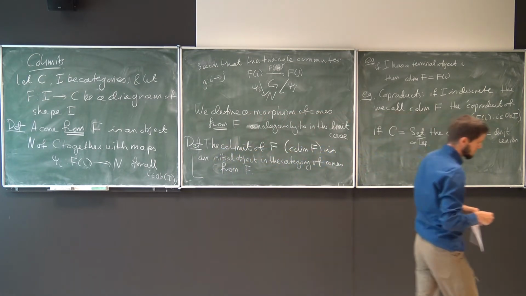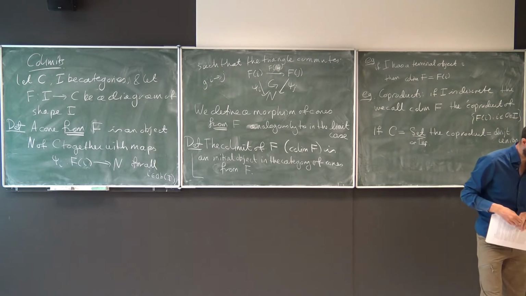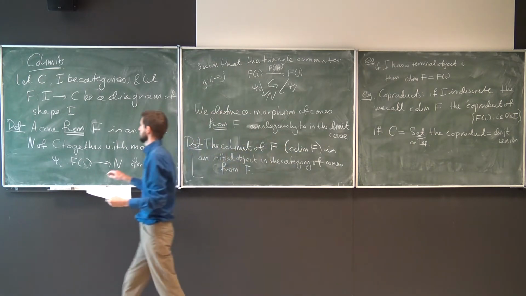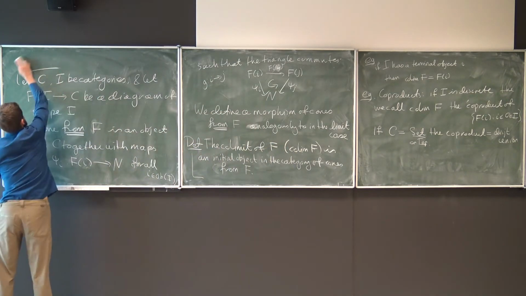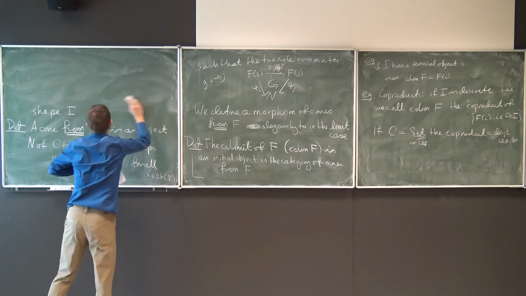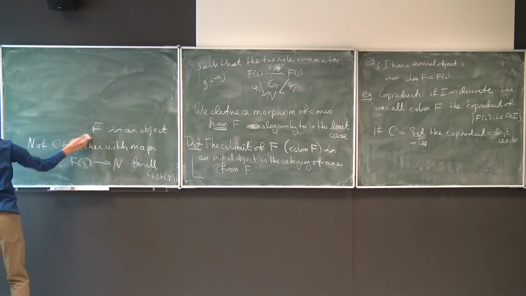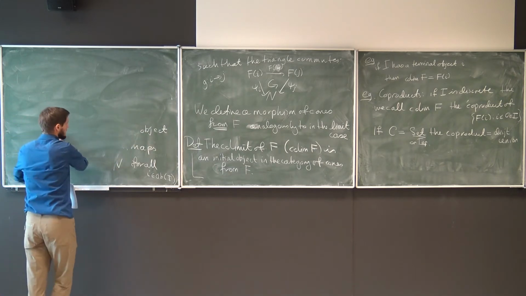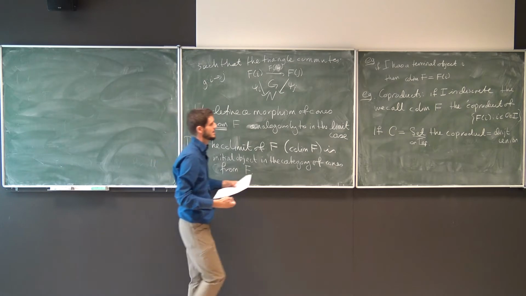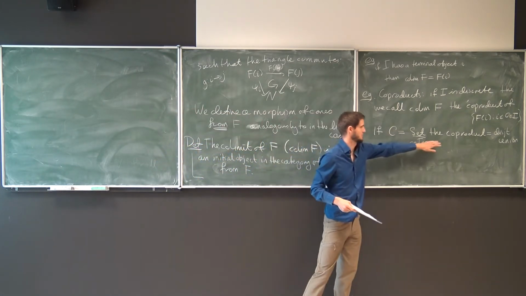Let's quickly do, so we saw kernels and equalizers, now let's do cokernels and coequalizers. Again, I should say here, I'm just asserting that it is in fact just the disjoint union.